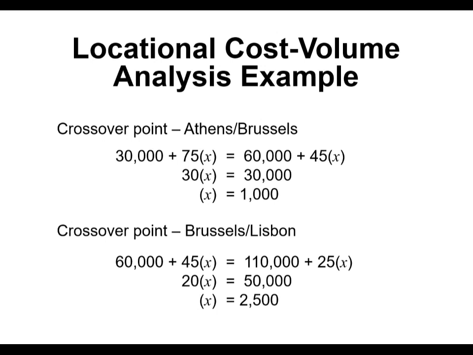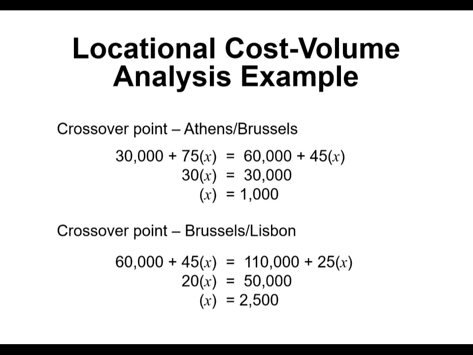Just now I gave you the total cost equation for Athens, which is 30,000 plus 75x because we do not know the volume, right? So equals to the total cost equation for Brussels, 60,000 plus 45x.